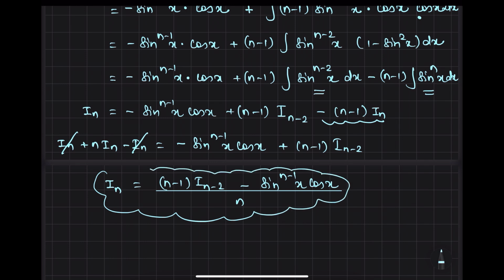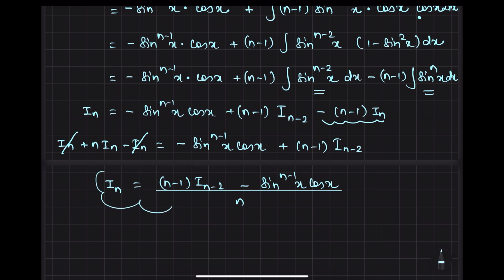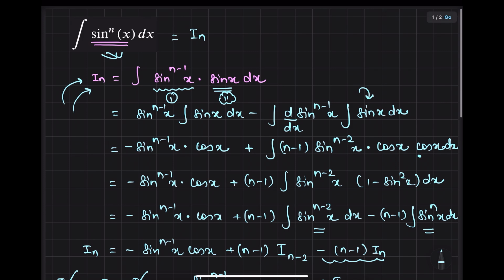If you have sine power 5, you can directly write down the answer. If sine power 20, directly write down the answer. Sine power 2025, directly write down the answer in simplified form. So this is the idea of the reduction formula. In crux, you can understand that while dealing with sine, you should take one thing outside.